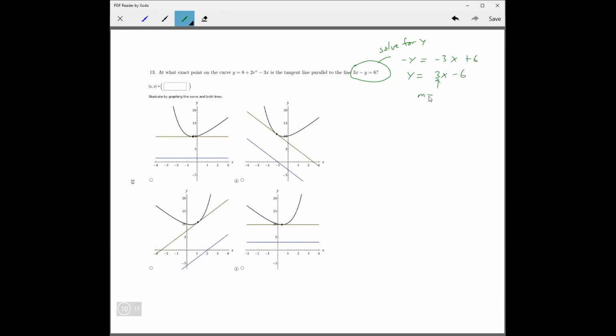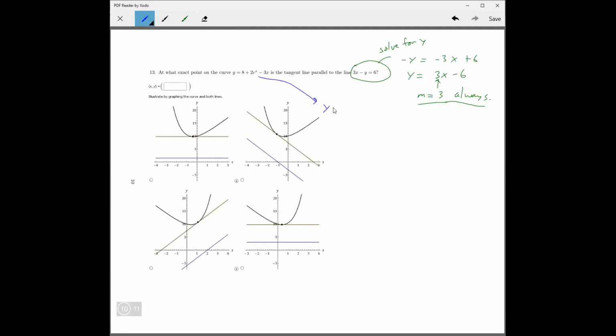Okay, so that means that the slope is 3, always. The slope's always 3, okay? So if this curve is going to be parallel to this line, then you're looking for when the slope is equal to 3.